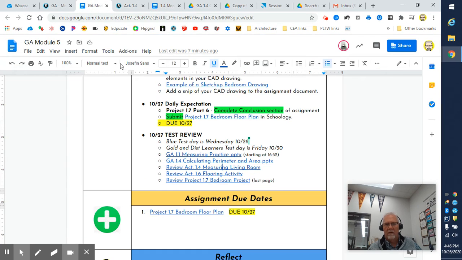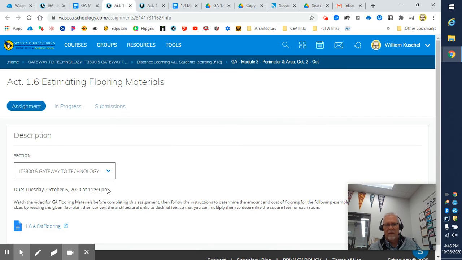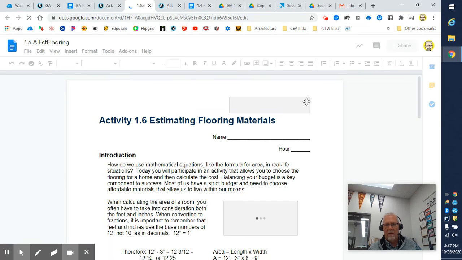Jump back to our review here. Review activity 1.6, the flooring activity. Remember what we did in that one. We calculated area for rooms, and then we figured out how much flooring would cost for a room. You can go back and look at your activity for that one.